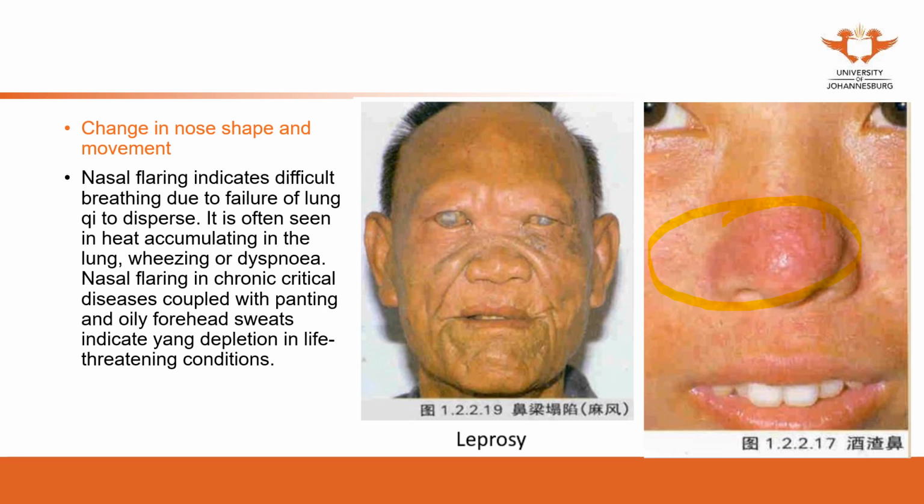Why? For this red nose tip, you think about the spleen or the stomach heat. That's because the tip of the nose indicates the spleen. You can go to the previous lecture notes or your textbooks, page 19. You can find figure 1-2. You can see that this area is the area of the spleen.